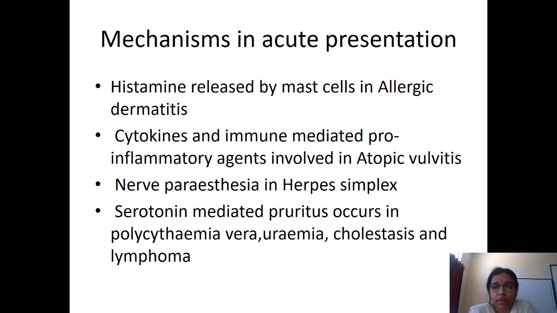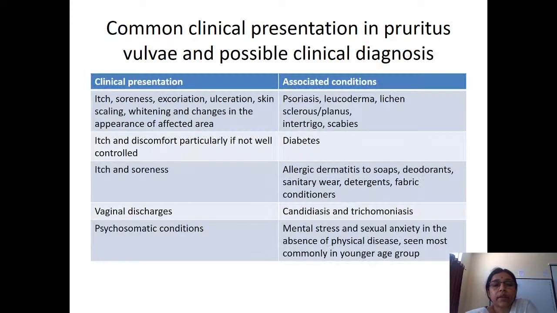If it is because of a viral infection like herpes simplex, it is because of nerve paresthesia. And in certain conditions like polycythemia, uremia, cholestasis or lymphoma, serotonin mediated pruritus occurs. So the pruritus is secondary to the release of serotonin.